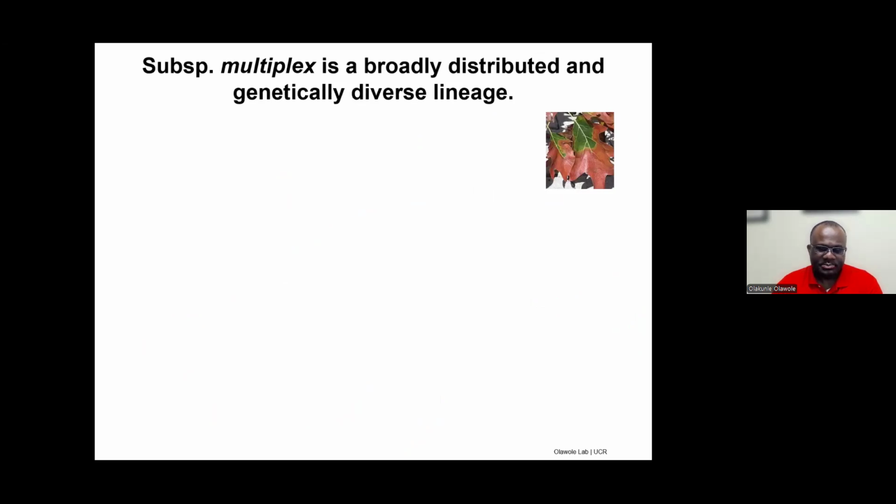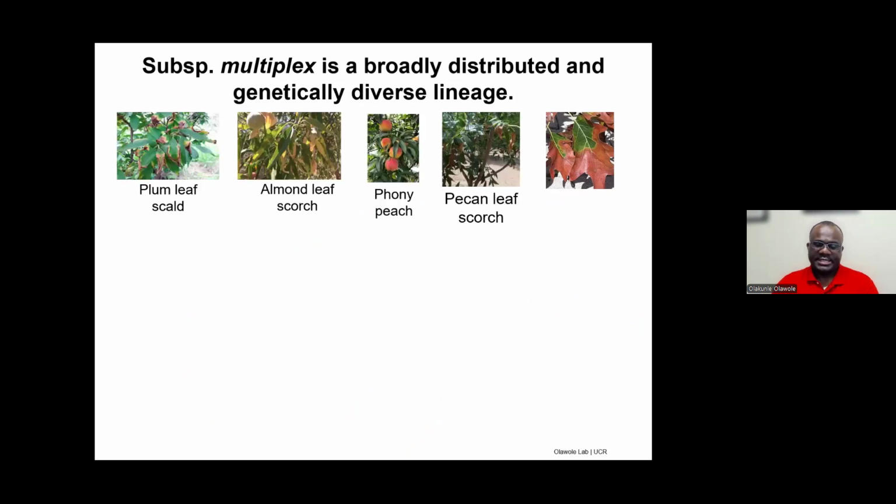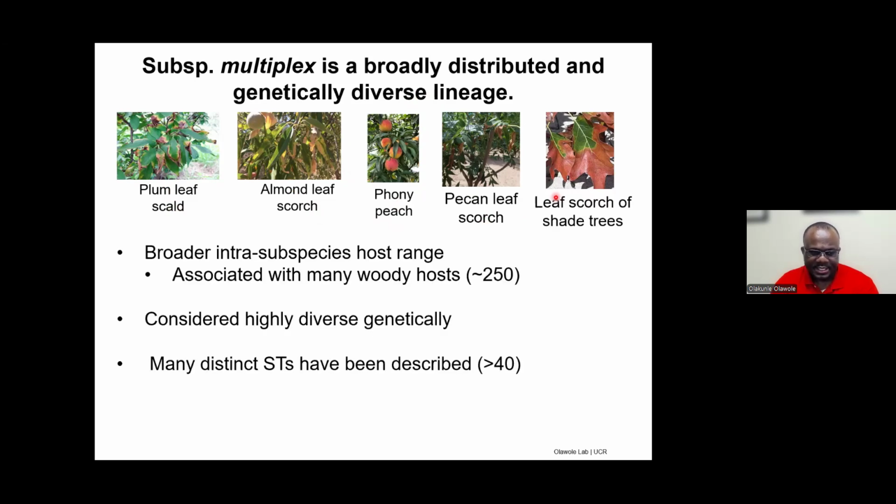This subspecies multiplex is one of the most genetically diverse and broadly distributed lineages, infecting a wide range of woody perennial hosts. These images illustrate the diversity of diseases caused by subspecies multiplex, including plum leaf scorch, almond leaf scorch, peach, and pecan, and all of these are scorch symptoms.